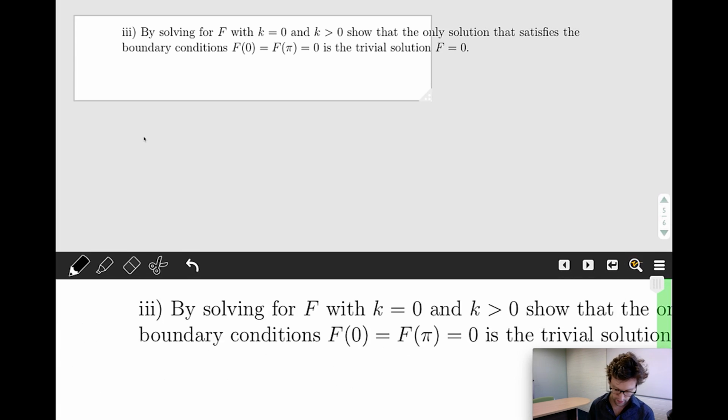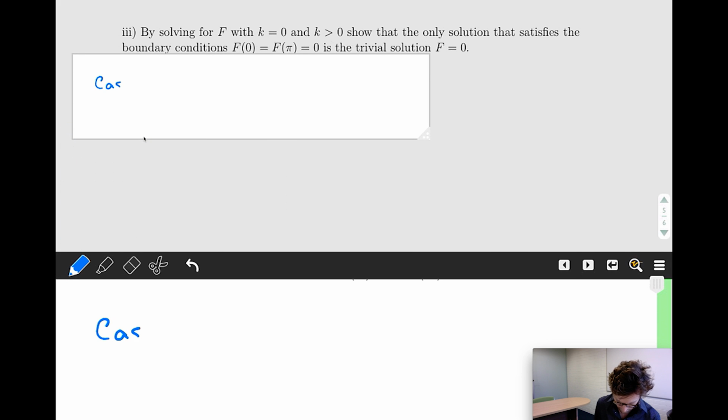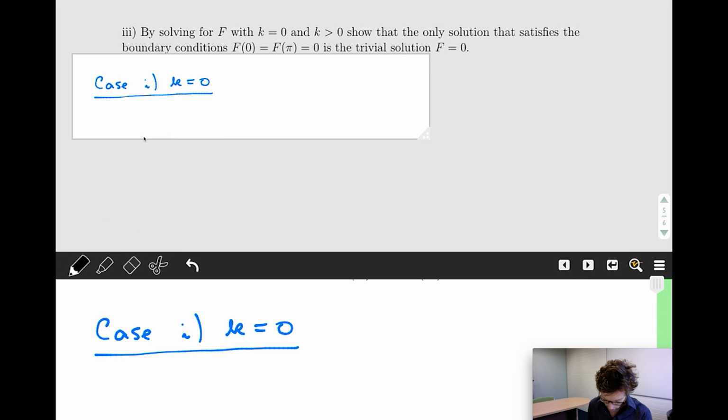So we'll start off with the first case. k is equal to 0. So this is case 1. Our differential equation now is d squared f dx squared equal to 0.